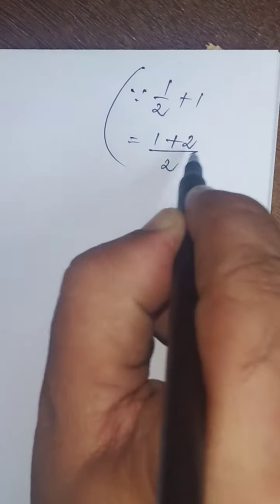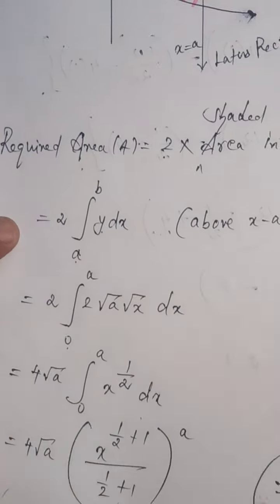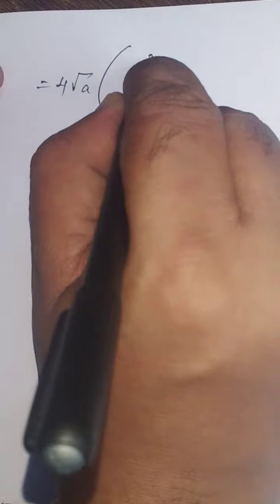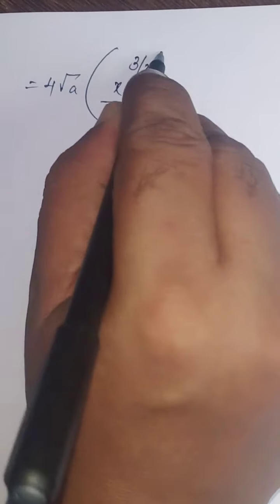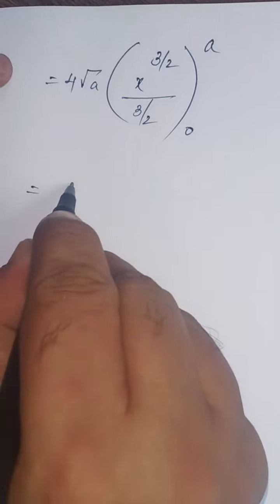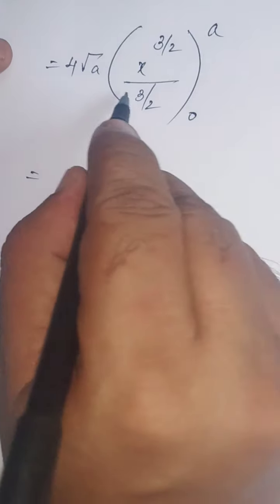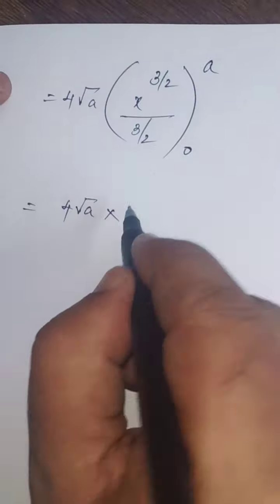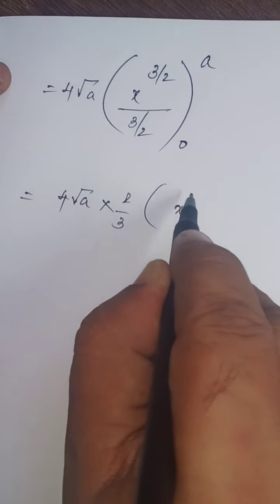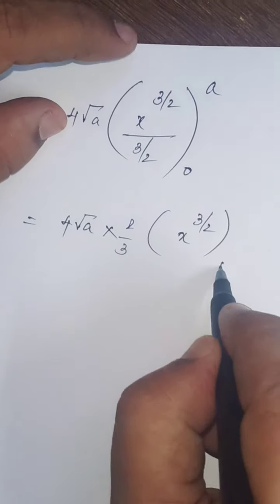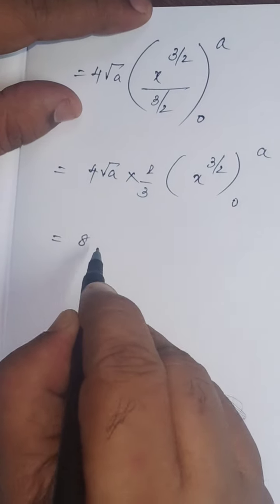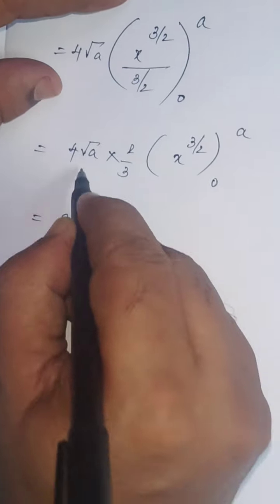Otherwise, I do the calculation here. Half plus 1 equals 1 plus 2 ones are 2 divided by 2, that is 3 by 2. So you will be getting x power 3 by 2 divided by 3 by 2, limit 0 to a. 4 root a as it is. Division becomes multiplication, 3 by 2 reciprocal 2 by 3 into x power 3 by 2, limit 0 to a, equals 8 by 3 root a, since 4 2s are 8.